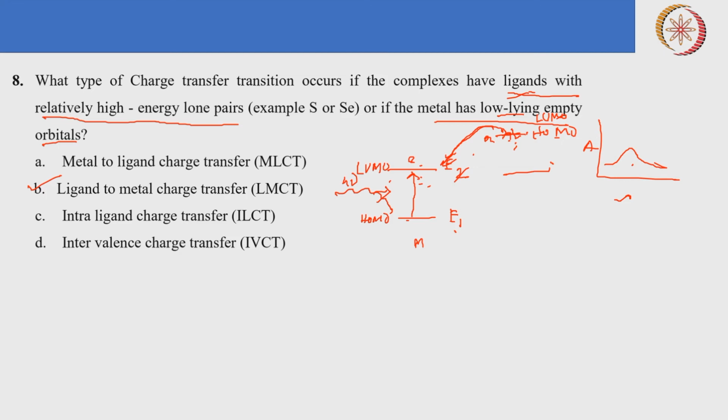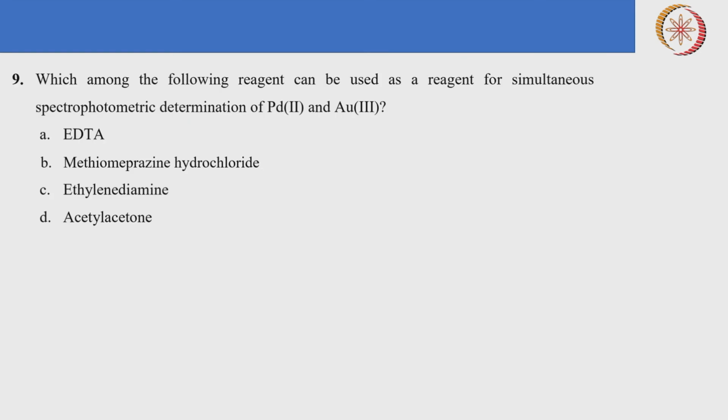Lone pair means this is, suppose, the n orbital and you have the lone pair, and that is the HOMO. And the metal has a low lying empty orbital, that is the LUMO of the metal center, which is at lower energy. As we know, the electron usually transfers from higher energy to lower energy, so this is due to ligand to metal charge transfer.